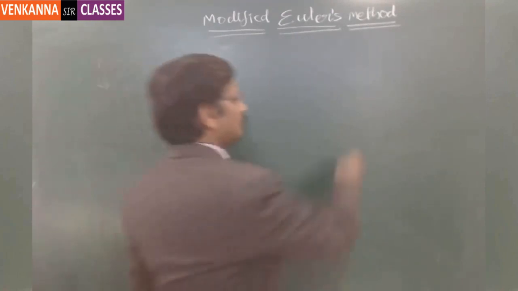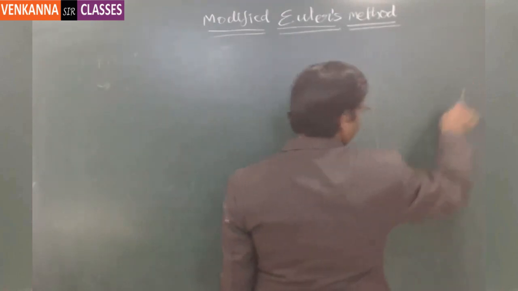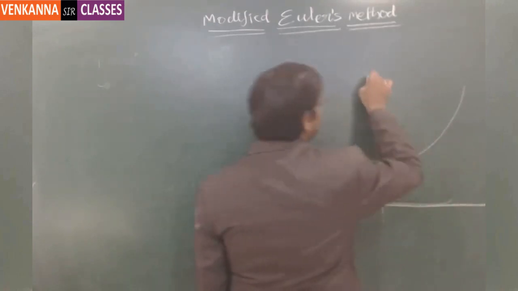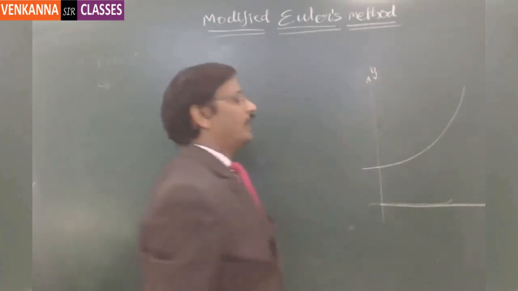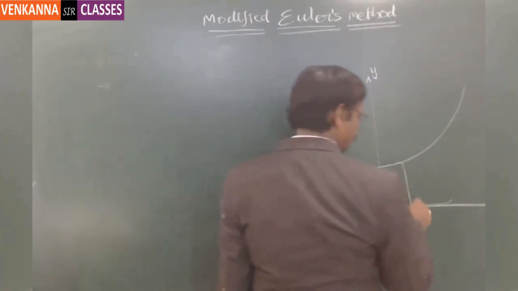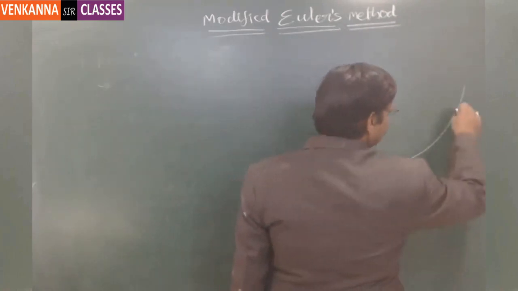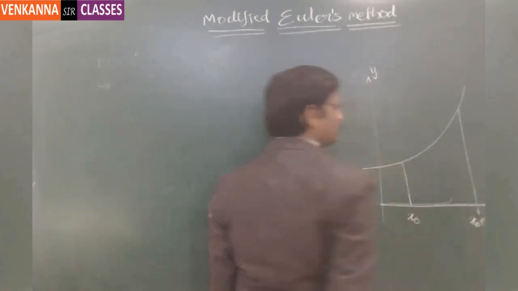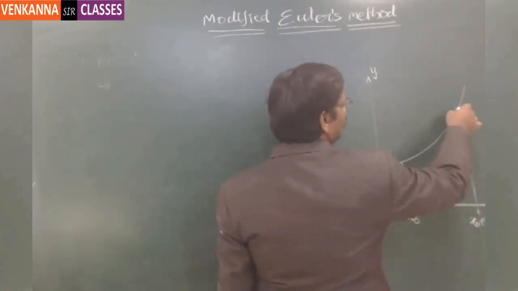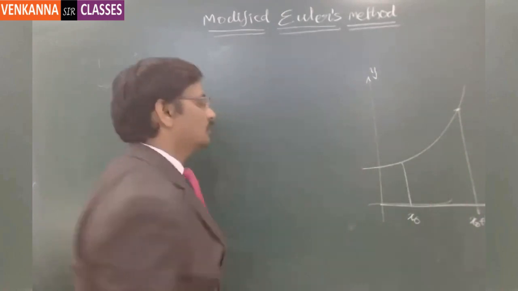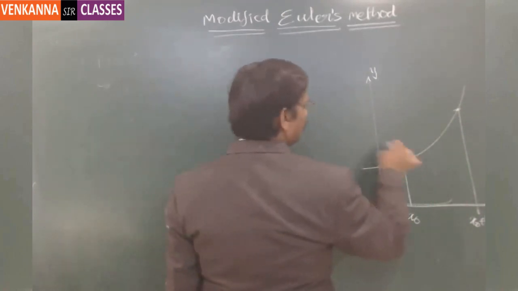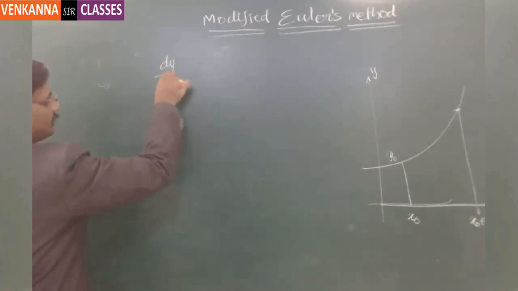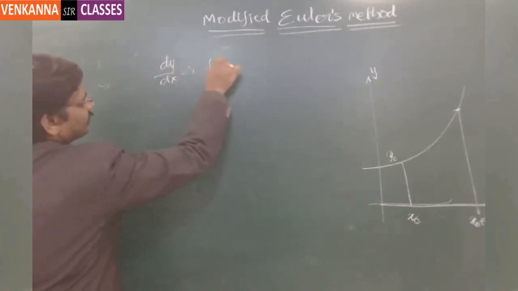So in a similar manner, let us say this is the curve which we wanted to trace, this is the x-axis and this is the y-axis. Finding the solution means this is x naught and this is x naught plus h, and we wanted to trace this value of y, which is y naught. Now the differential equation is dy by dx equals f of x comma y.